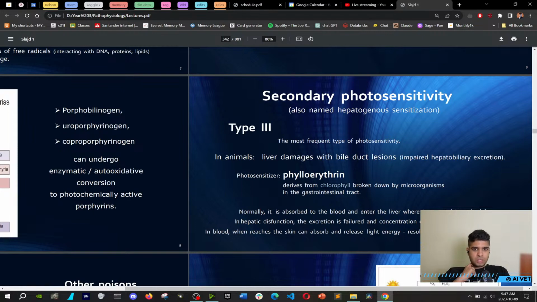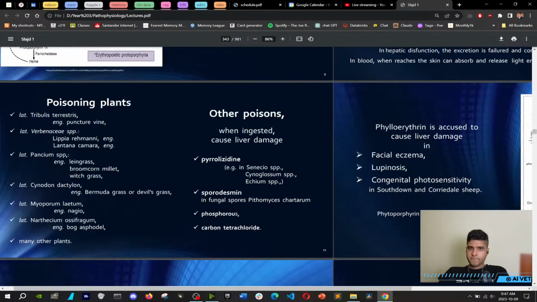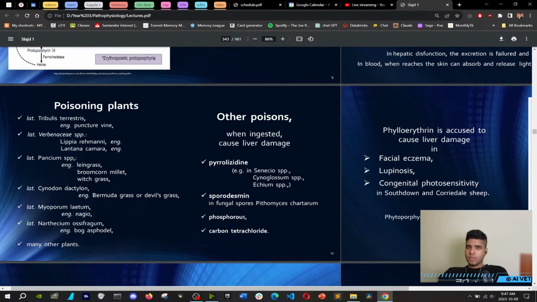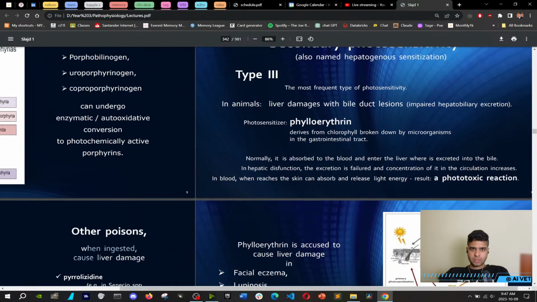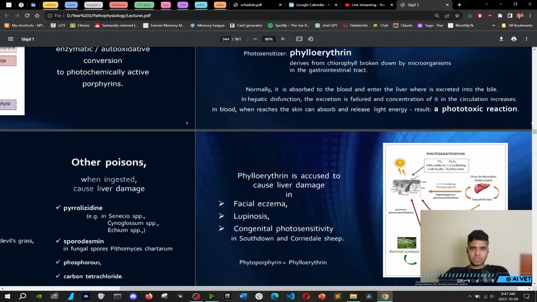It's a phototoxic reaction, and poisoning plants, when ingested, cause liver damage. So these are the plant species; when ingested they cause liver damage, in this case bile duct damage and other stuff. When it reaches the skin it can absorb and release light energy, a phototoxic reaction.